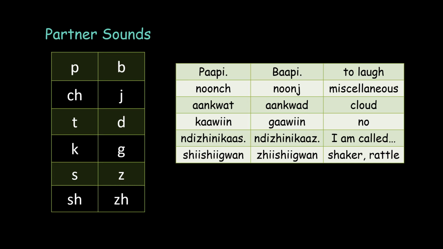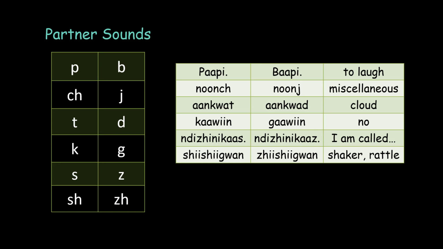The table on the left shows common partner sounds: P and B, ch and j, T and D, K and G, S and Z, and the sh and zh sounds. The table on the right shows some examples.